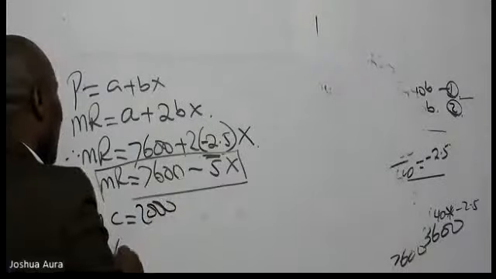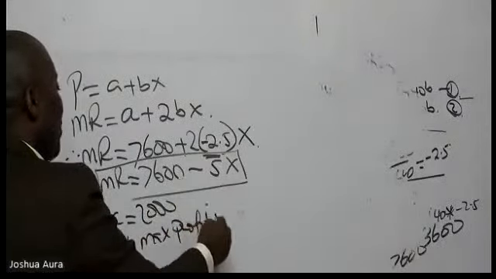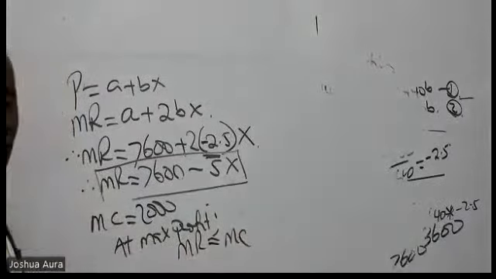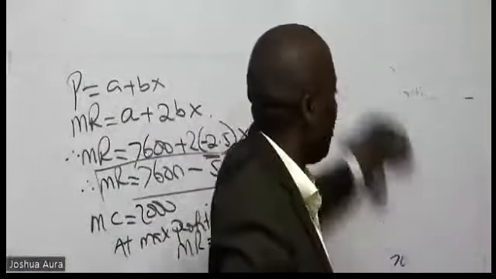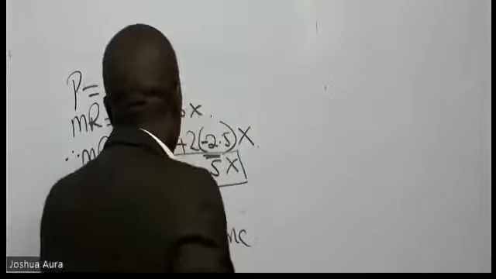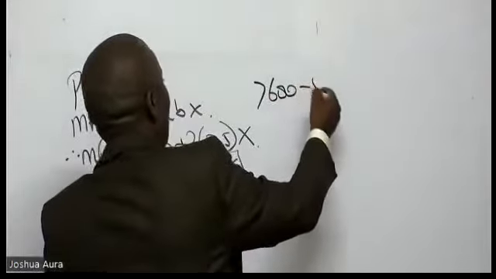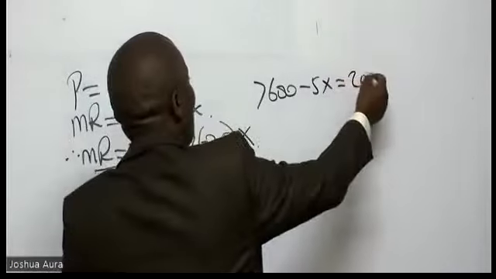And you told me that at maximum profit, marginal revenue should be equal to marginal cost. Marginal revenue is 7,600 minus 5X, which should be equal to marginal cost of 2,000.